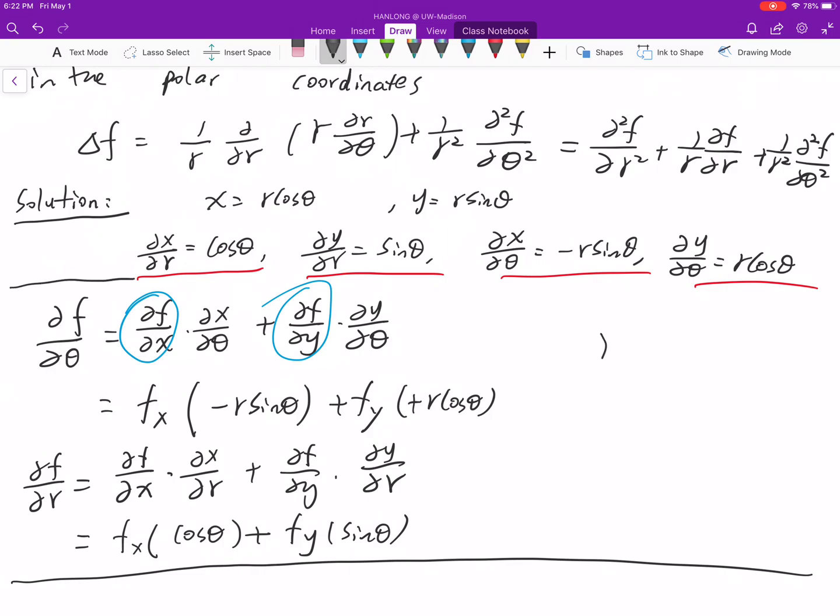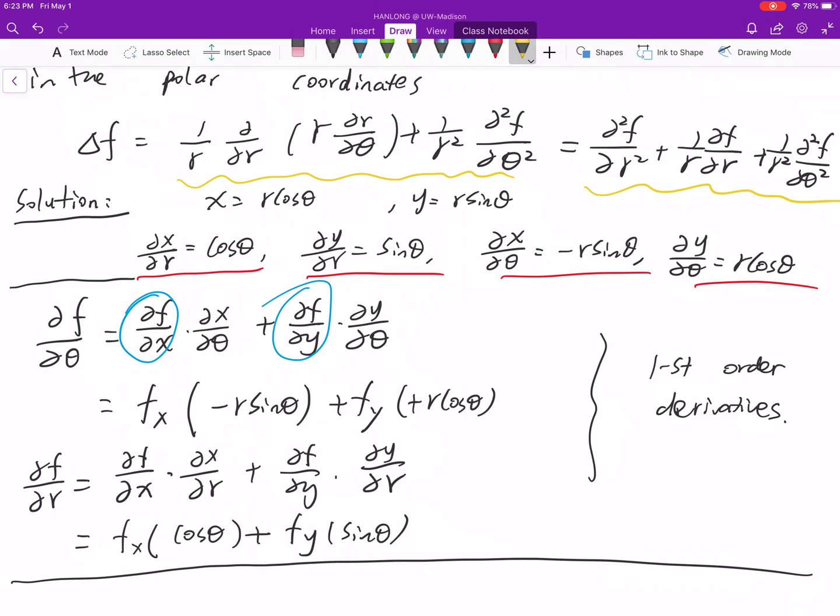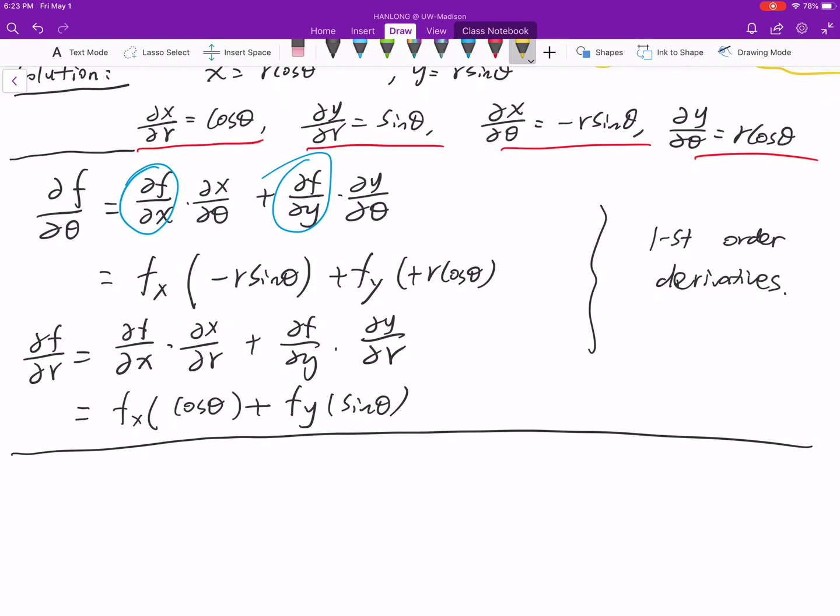So first order derivatives. Noted that the right hand side involves both first order and second order derivatives. Eventually, if you want to compute the second order, you need to know first order. So the first order derivatives are unavoidable.